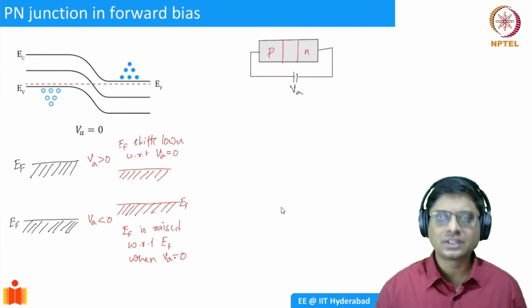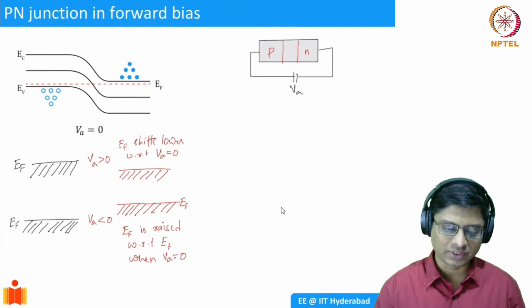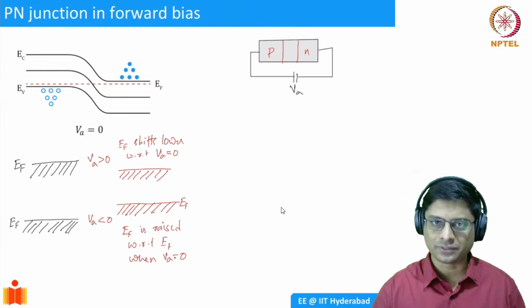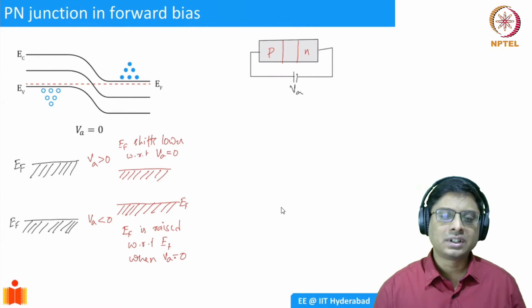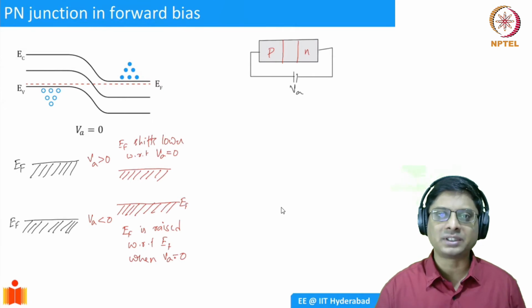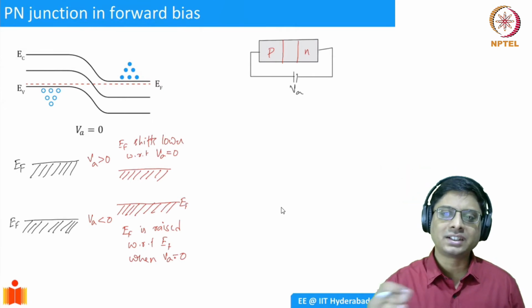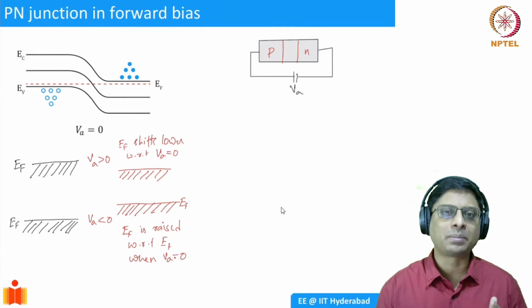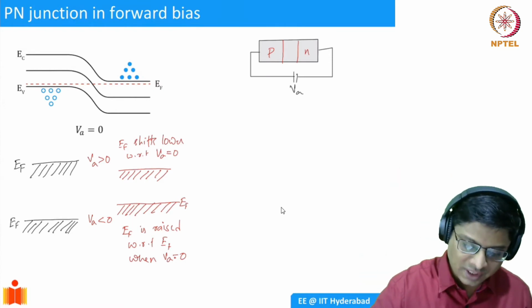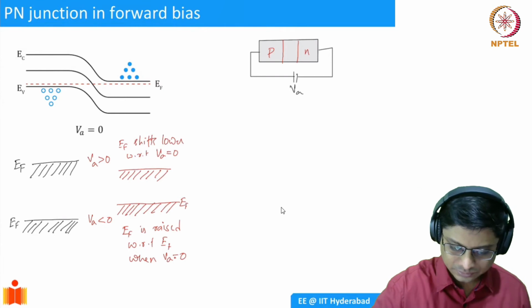We'll start with the Fermi level, like in the previous case. If you have no applied voltage, we said the Fermi level has to be uniform all across the semiconductor. That was step one. But now we are applying a potential, and potential is always applied with respect to something, right? So let's take the potential applied on the p-type semiconductor relative to the n-type semiconductor. So we will use the n-type semiconductor as a reference.